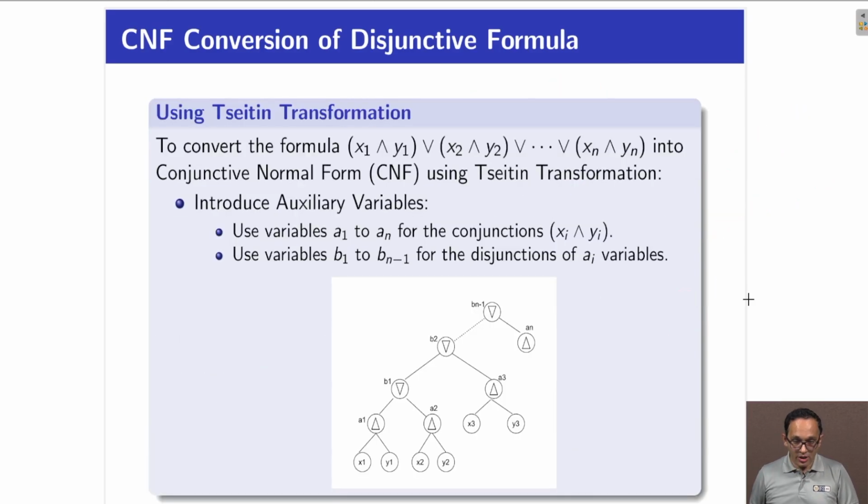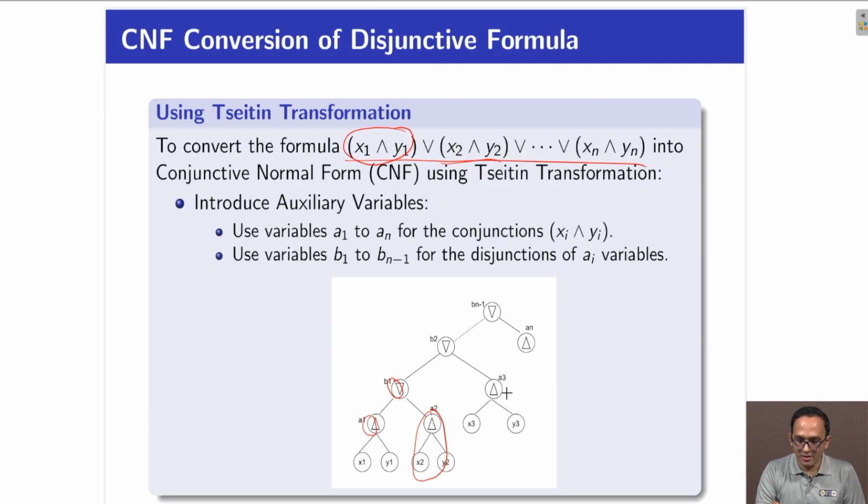Okay. Now, I will show you that if I do the Tseitin transformation for this formula, I will effectively get a linear size formula. So, what I will do? I have this formula which I first have to convert into an AST. So, this is the AST, the construction is quite simple. You can think that x1 and y1, this AND is happening here, x1 y1 AND, then you have x2 y2, and they are getting ORed here.